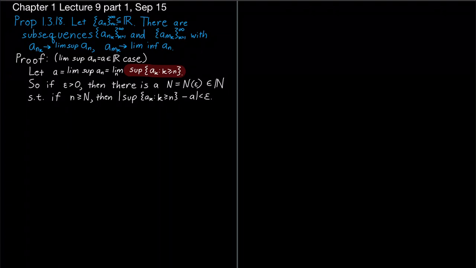And we're going to construct a subsequence of the a's. So we're going to construct a subsequence based on a sequence of epsilons. So what we need is a sequence of positive numbers that are tending towards zero. We're going to think of that as being a sequence of epsilons.